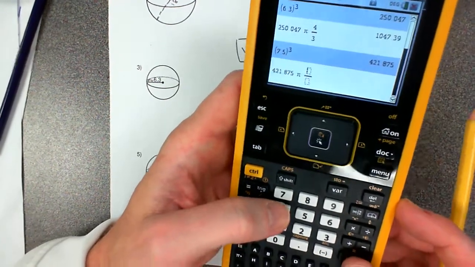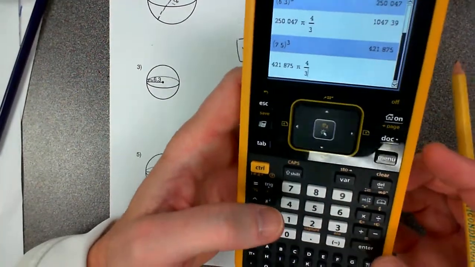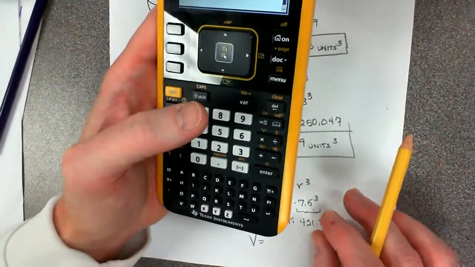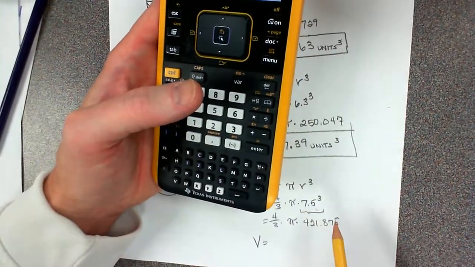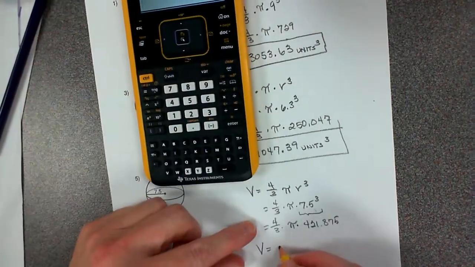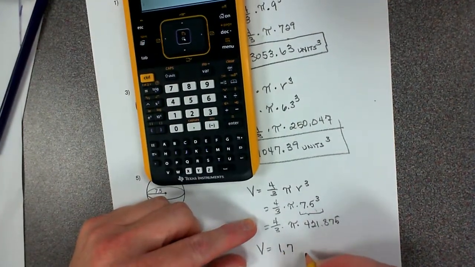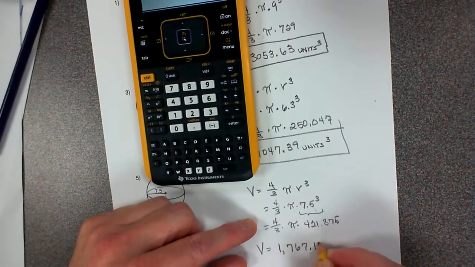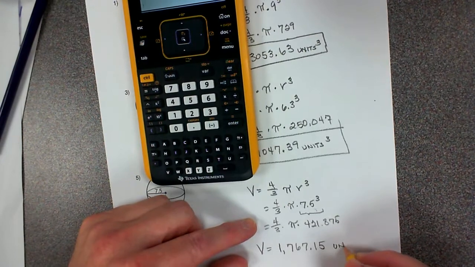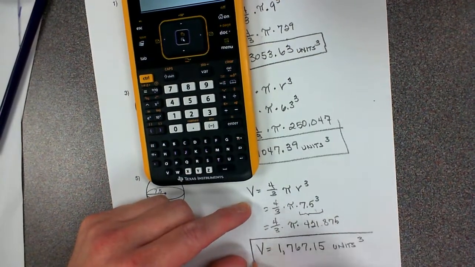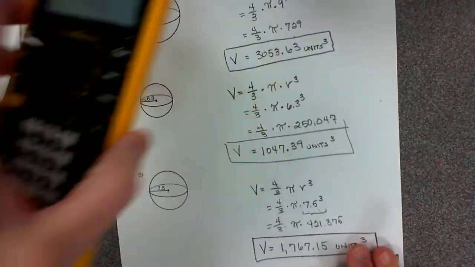Yep. And I want my numerator to be 4, my denominator to be 3, and bam. So the answer to number 5 is 1,767.15 units cubed.